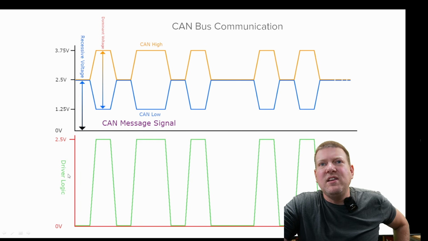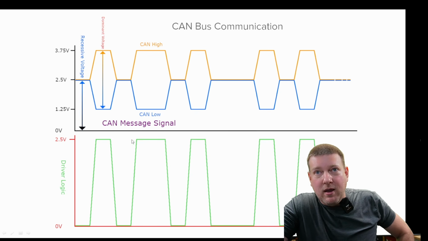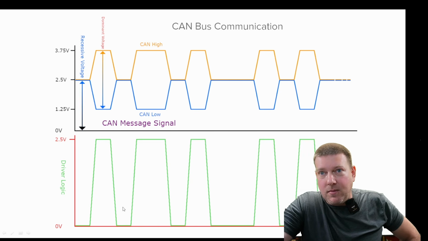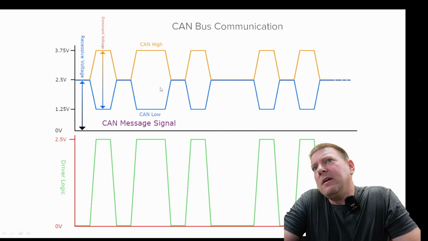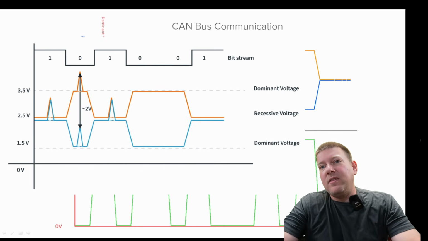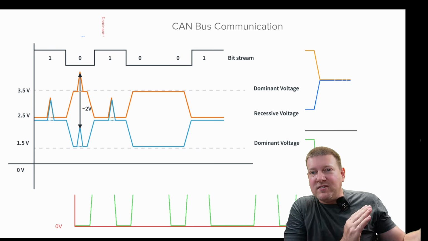You can actually see that down here, the driver logic. When they're far apart, it's saying, okay, this I recognize as a 1. This one here I recognize as a 0. This is a 1. And if there's a spike on this one and this one, that spike is going to be reflected on both of them, so that voltage difference doesn't change.